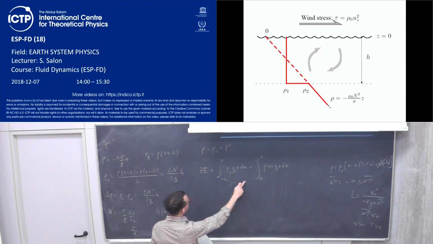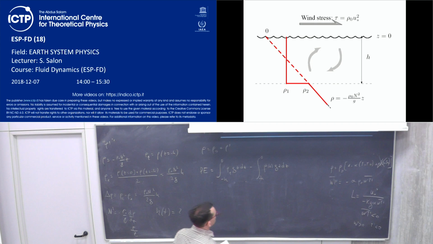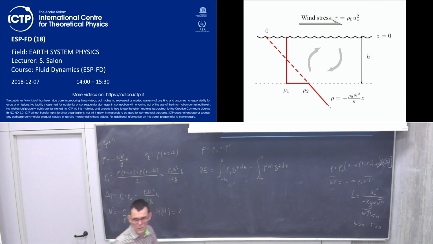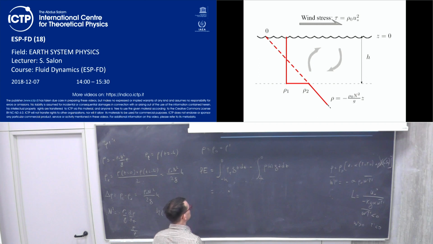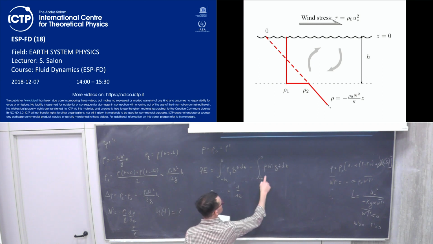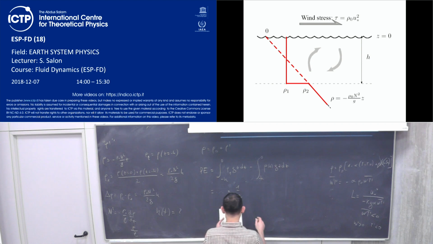So the final potential energy value and the initial potential energy value in the layer of depth h. So if we substitute and we do all the math, what we obtain is 1/12, because here in rho z I use this expression here, okay? So 1/12 rho 0 N squared h cubed.